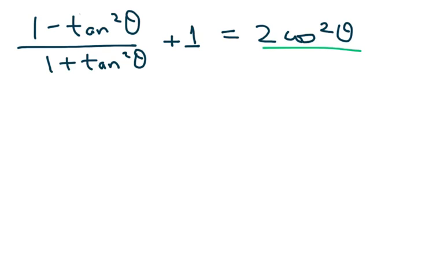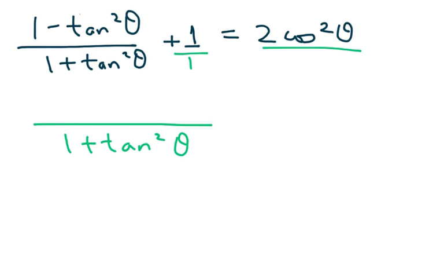Now, what I want to do when you see something like this is get your common denominator on this one. So my common denominator is 1 plus tan squared of theta. So when you cross here, you're going to get 1 minus tan squared of theta plus 1 plus tan squared of theta.